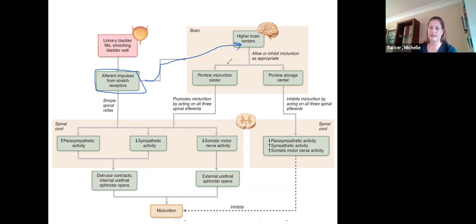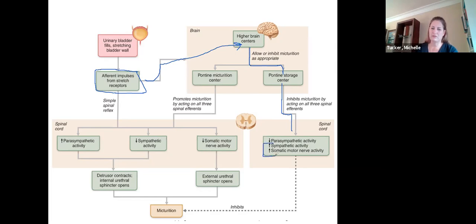If your brain decides that it is not a good time, then there's a nuclei in the pons that will send messages to decrease parasympathetic activity, increase sympathetic activity, and then increase somatic motor nerve activity.